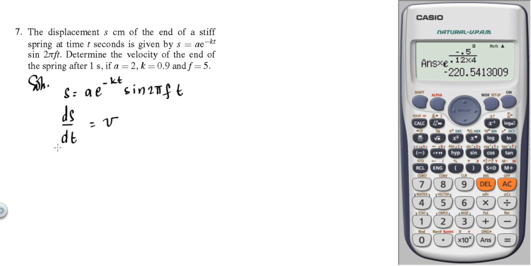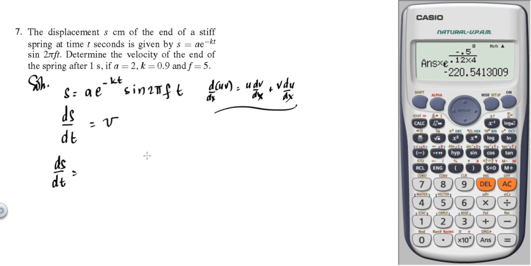Okay, so we have here dS over dt is equal to, so meron tayong two functions. So product of two functions. Okay, so recall, no? So derivative of uv with respect to x is equal to copy the first, then derivative of the second, plus copy the second, then derivative of the first.